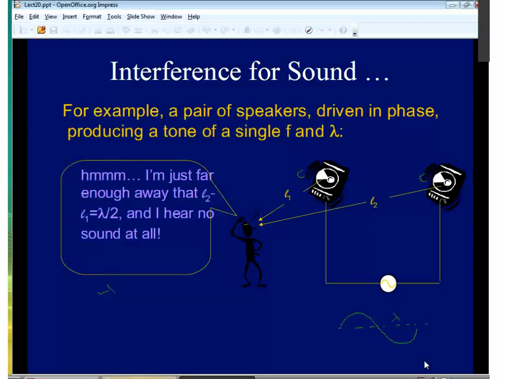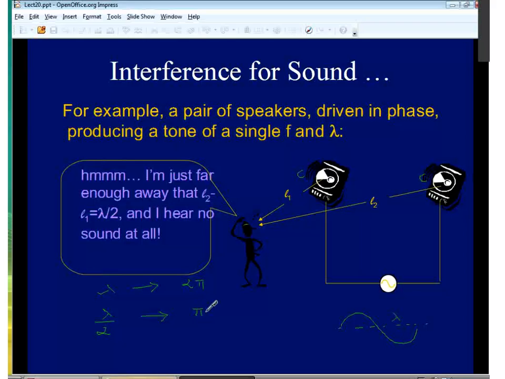So whether I say lambda or I say 2 pi, actually they are the same. In one case I am talking in terms of distance, in other case I am talking in terms of angle. So lambda distance is just like 2 pi angle. So lambda is similar to 2 pi. So lambda by 2 would be similar to 2 pi by 2 or pi.